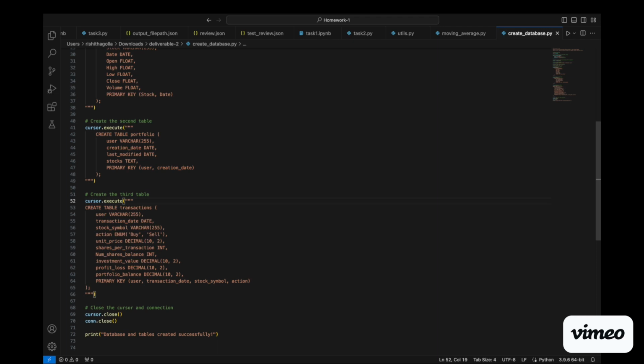Here we have the columns user, transaction date, stock symbol, unit price, which is the stock price, action to sell or buy, shares per transaction is the number of shares the action must be done on, number of shares balance, which is the shares left after the action, investment value, the value of the stocks left after the action, profit or loss, the amount either gained or lost after the action is taken, portfolio balance, the amount left after the action. As a primary key, we are using user, transaction date, stock symbol, and action.